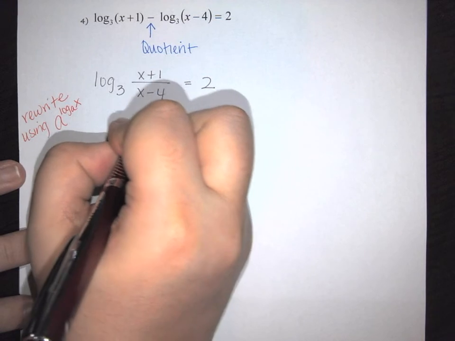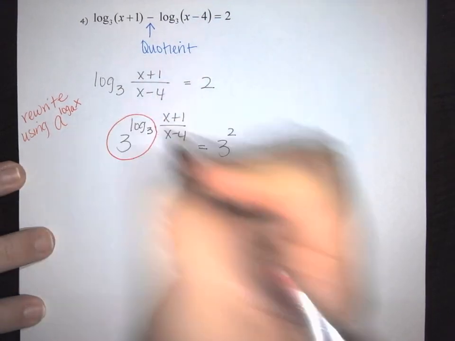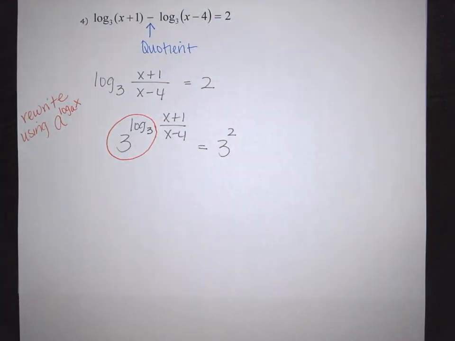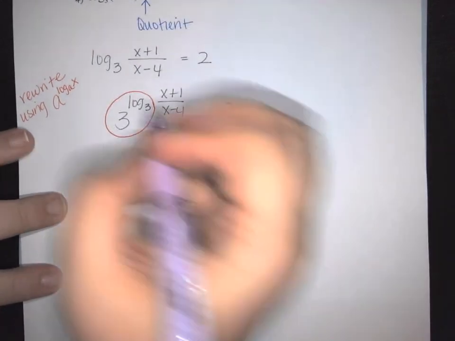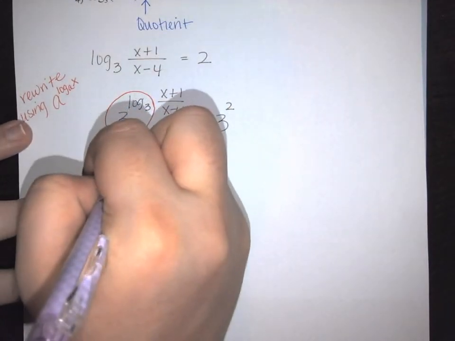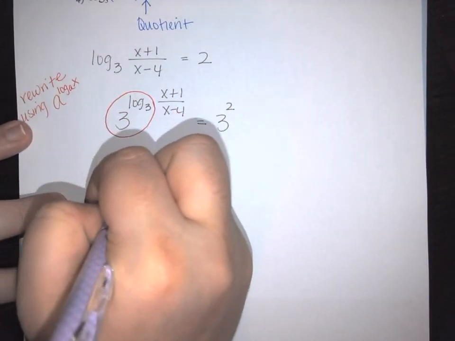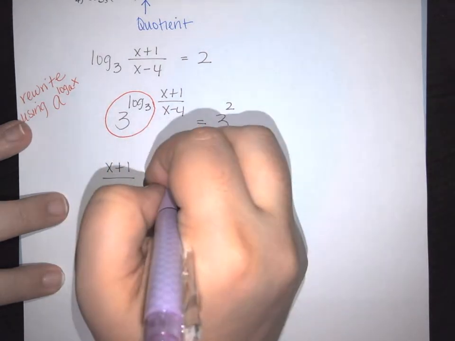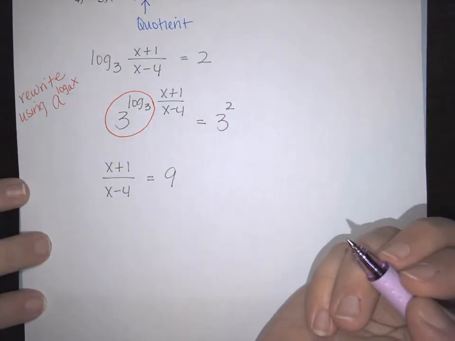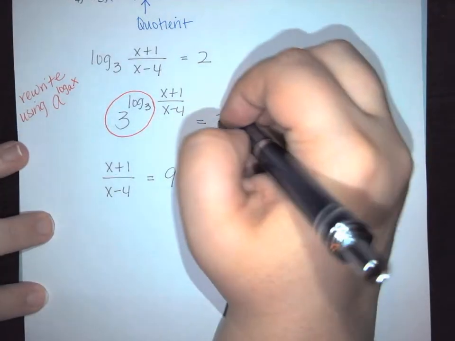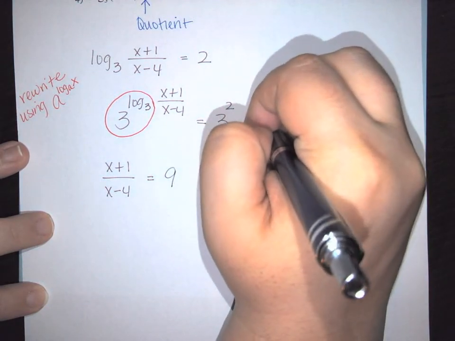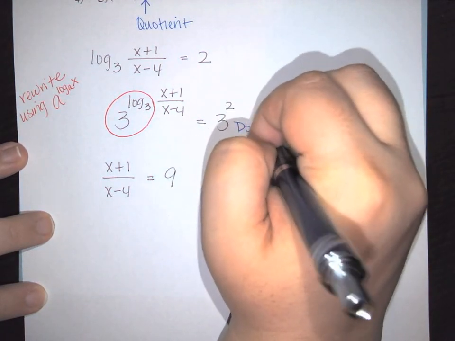Now with that, this piece is going to go away, and it's going to leave behind just my rational. So I have (x plus 1) over (x minus 4) is equal to 9. That's because on this side we need to do the math.